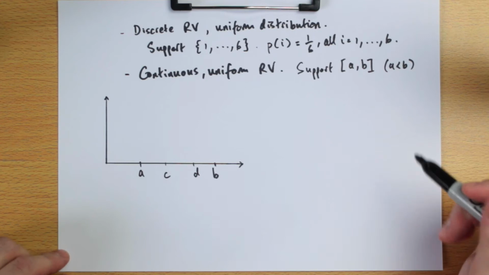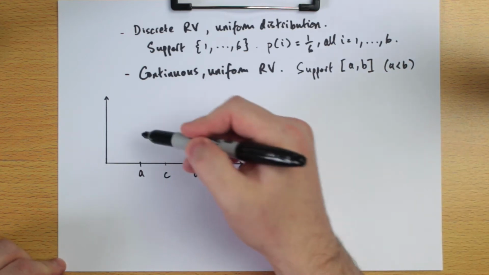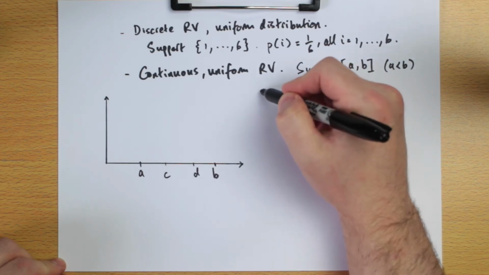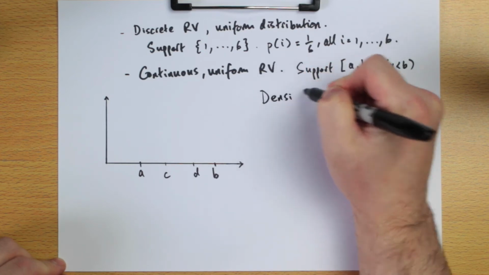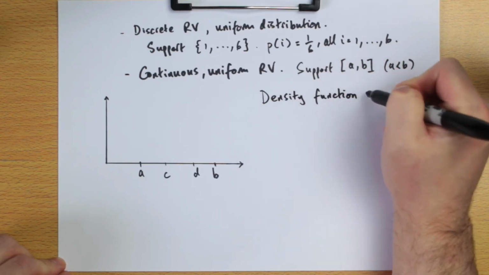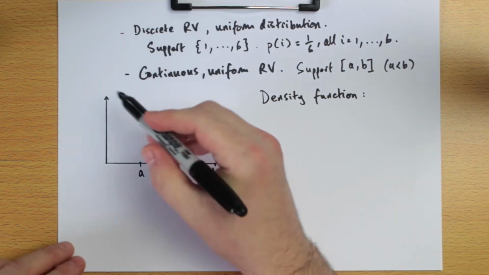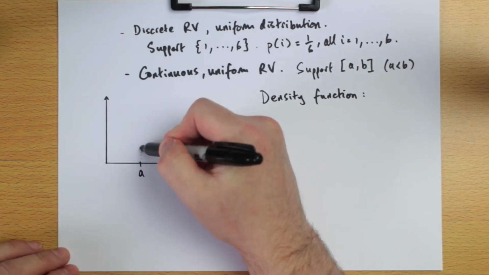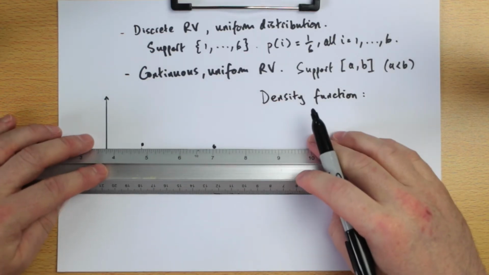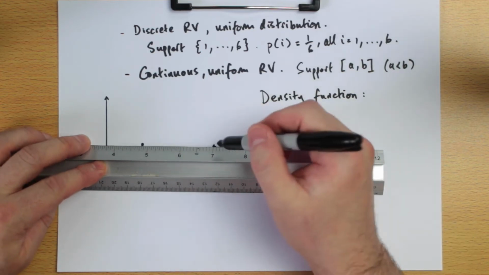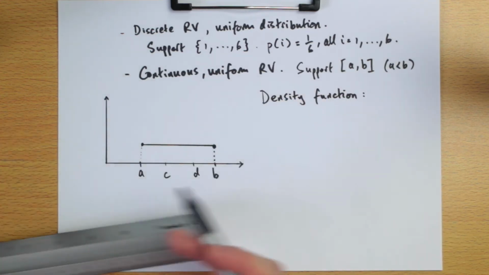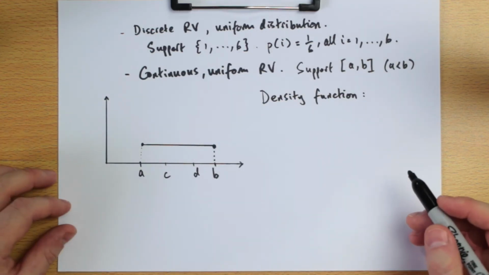So how do we work with a continuous uniform random variable? Let me describe the density function, and then I'll explain what it means. Let me draw a diagram of it. It's going to be essentially a straight line. That captures the idea of this probability weight being uniformly distributed across all of these outcomes equally.